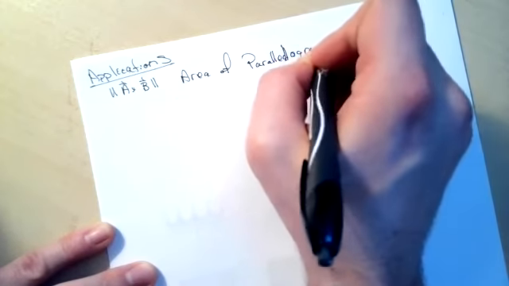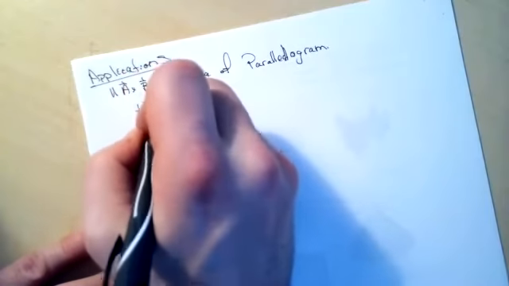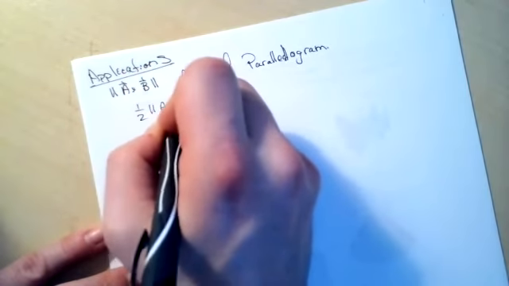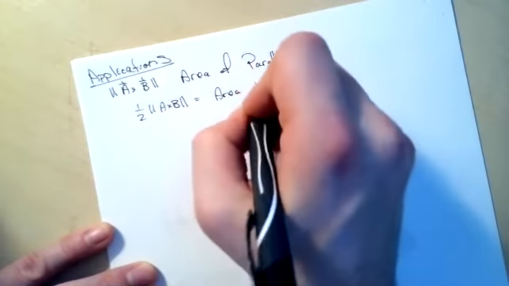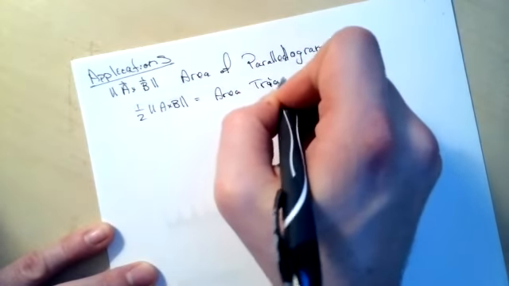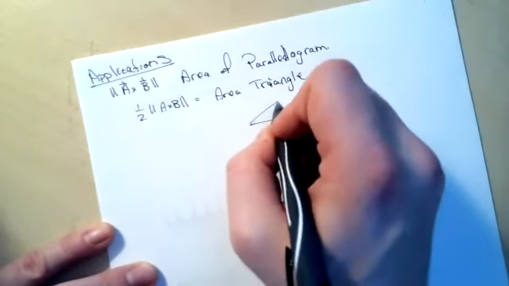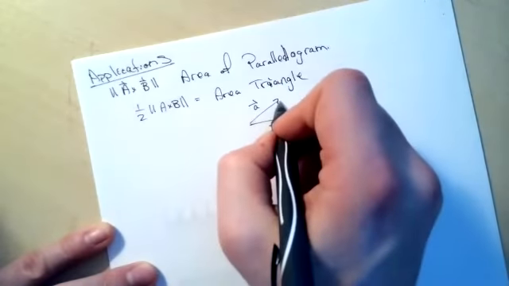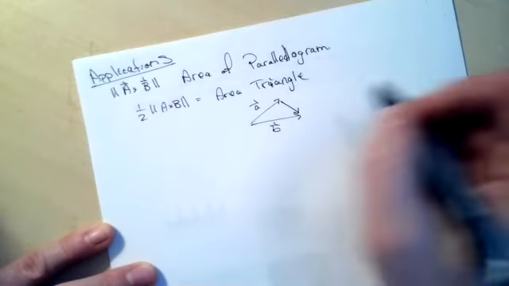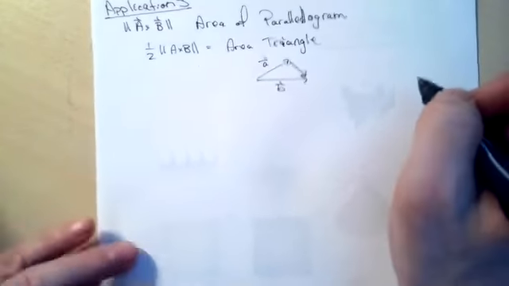So half of that gives us the area of a triangle. So if you have A, B, and you want to just make a triangle out of that, half of A cross B will give you the area of that triangle.